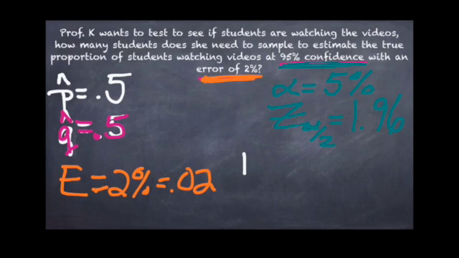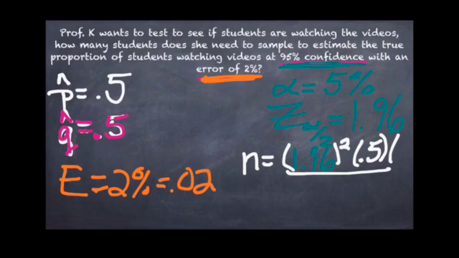So to figure out our sample size, we just plug these values into our equation. We have our n is going to equal 1.96 squared times our p hat, 0.5, times our q hat, 0.5, divided by our error, which is 0.02 squared.